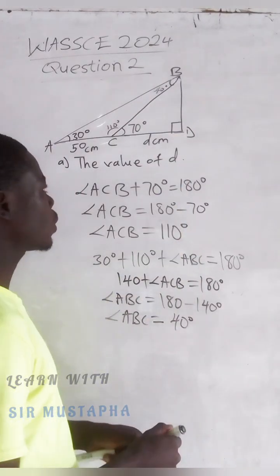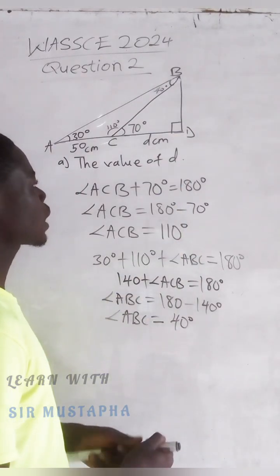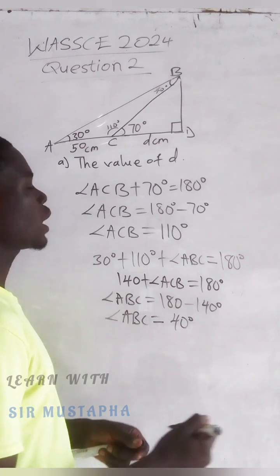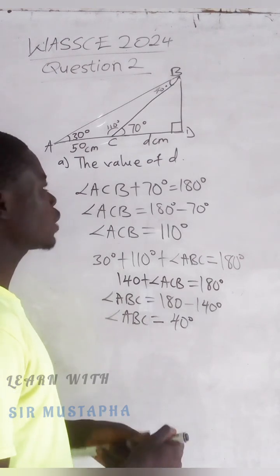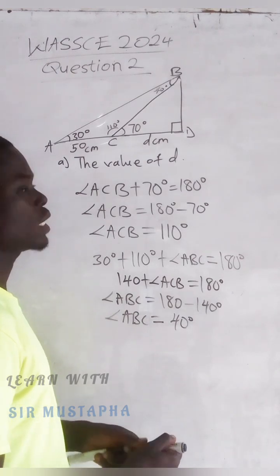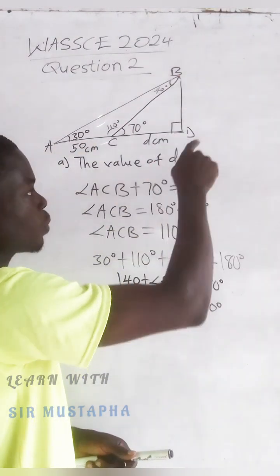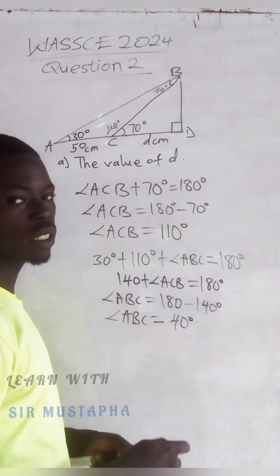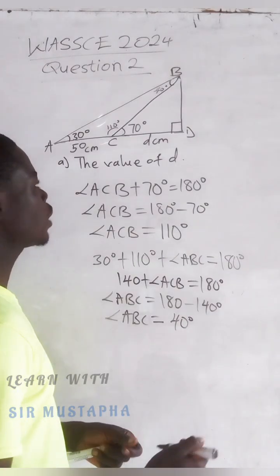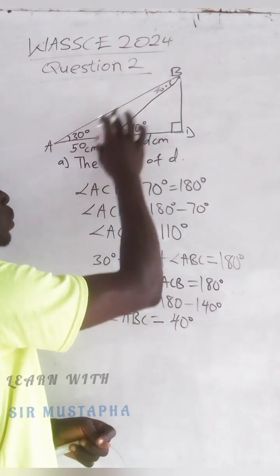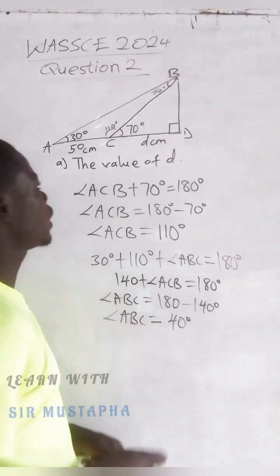After getting all the angles, then you can calculate one length, and the length that we are going to need here is the hypotenuse. You know the longest length is the hypotenuse, the one which is opposite to the 90 degrees. The hypotenuse here is length AB.